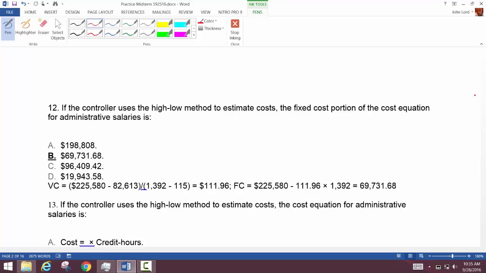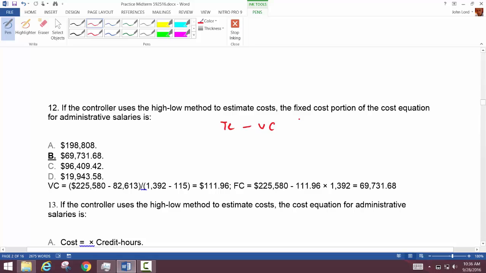High cost minus the variable cost. Total cost. Why don't you write TC? I think I understand what you meant, but write TC there. Total cost minus what? Minus the variable cost, right? Equals fixed cost, right?